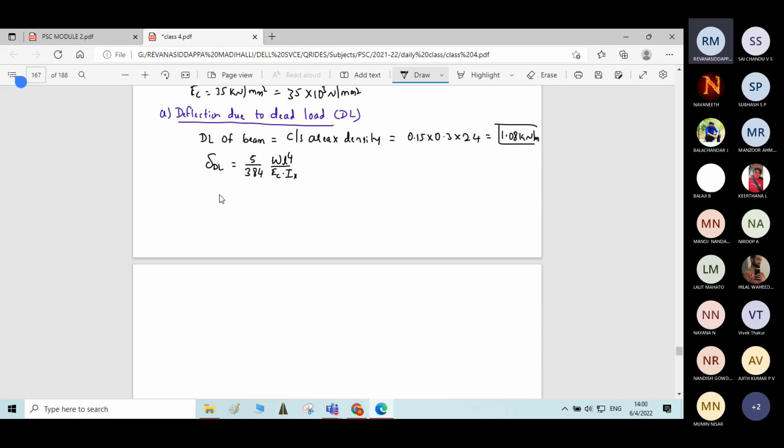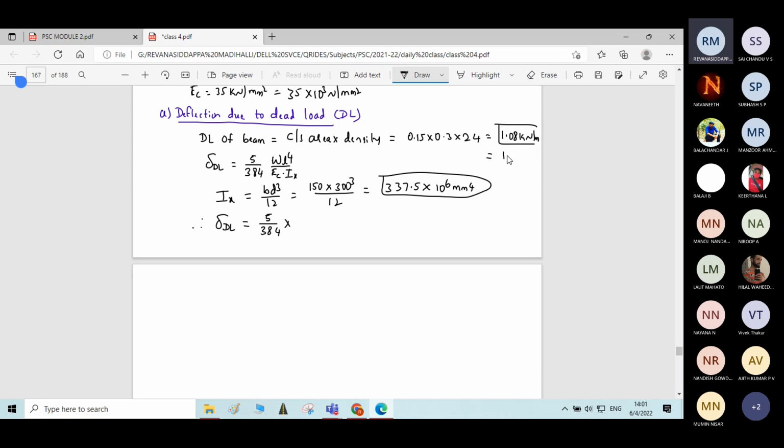IX is also required for calculating the deflection. We have the formula for finding the moment of inertia of the rectangle section, that is BD cube by 12. B is 150, D is 300 cube divided by 12. You will get 337.5 into 10 power 6 mm raised to 4 as moment of inertia. Therefore, deflection due to dead load is equal to 5 by 384 into intensity of the dead load is 1.08 kilonewton per meter.